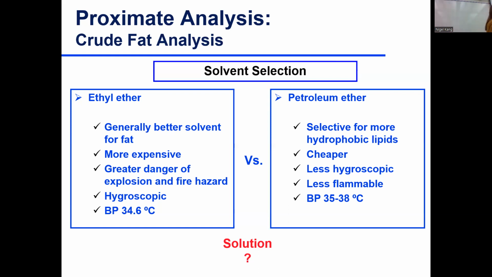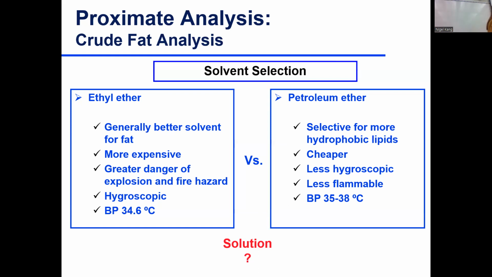With ethyl ether, since its boiling point is lower, it's more hazardous. It's prone to explosion. But petroleum ether has a higher boiling point, which makes it less flammable.